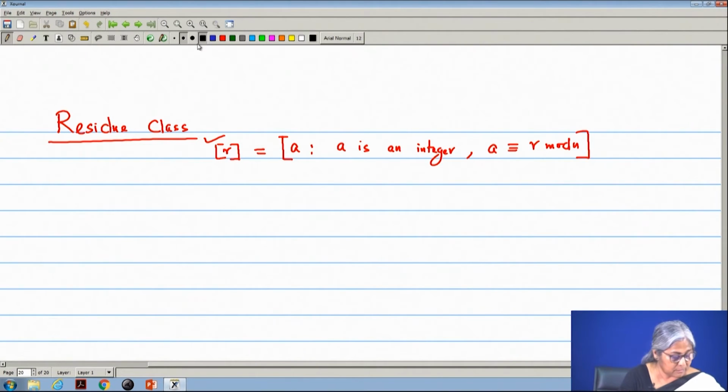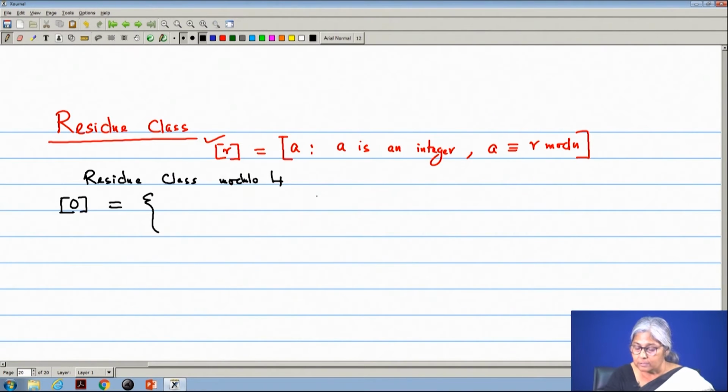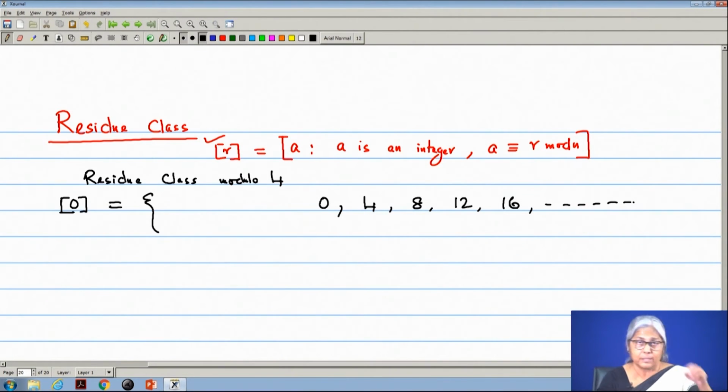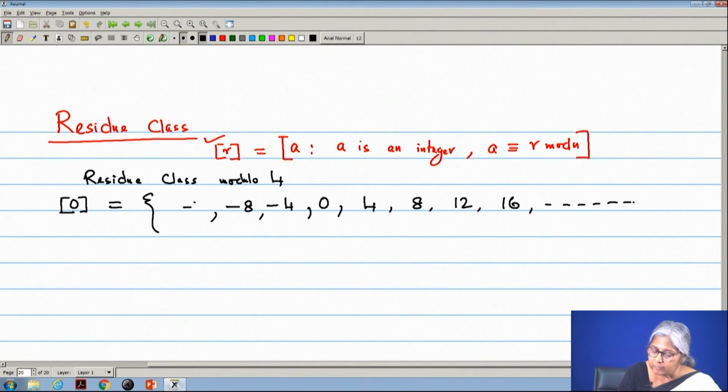Quickly, if we take the residue classes modulo 4, then class 0 will be 0, 4, 8, 12, all the multiples of 4, which have remainder 0, and negatives also, minus 4, minus 8.